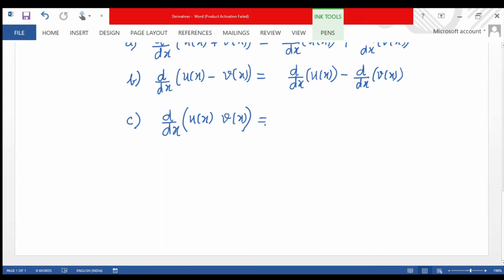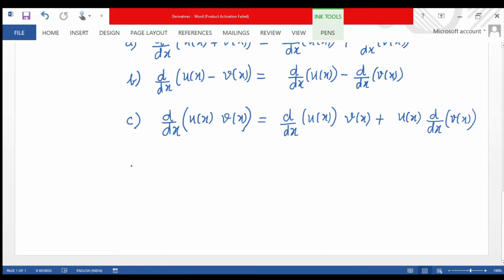Then it is given by d by dx of u of x into v of x plus u of x into d by dx of v of x.